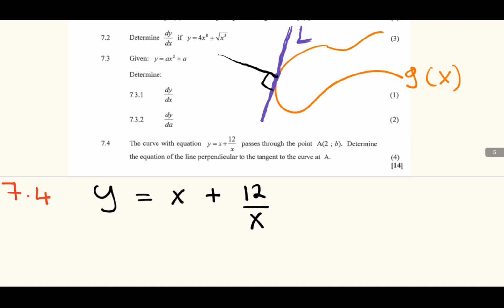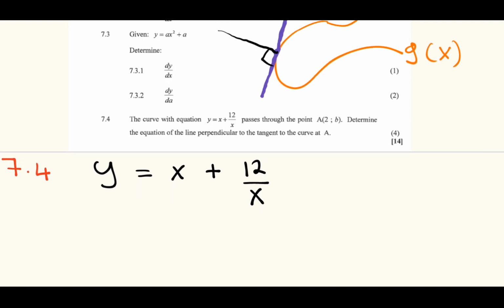So by finding the gradient of g of x, we find the gradient of L. And we know that if functions are perpendicular to each other, when you multiply their gradients, you will get -1. From here, we are going to differentiate the y.